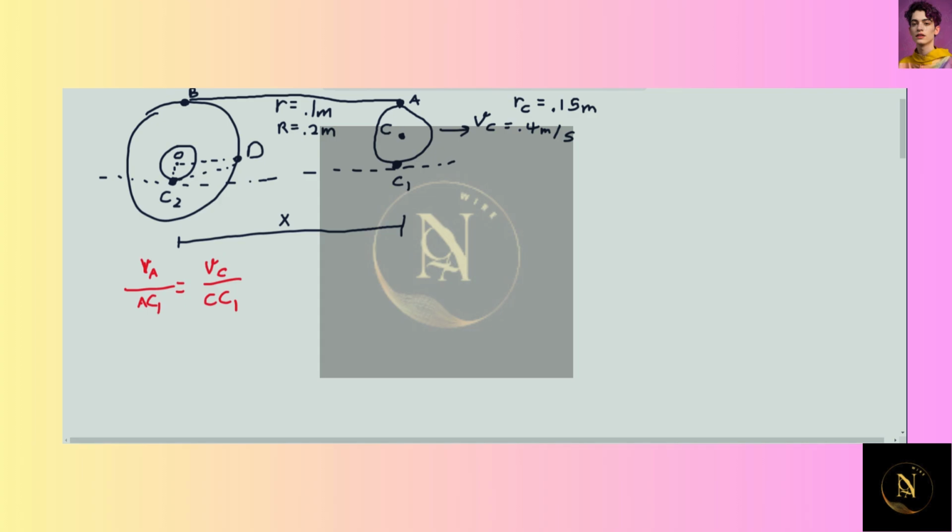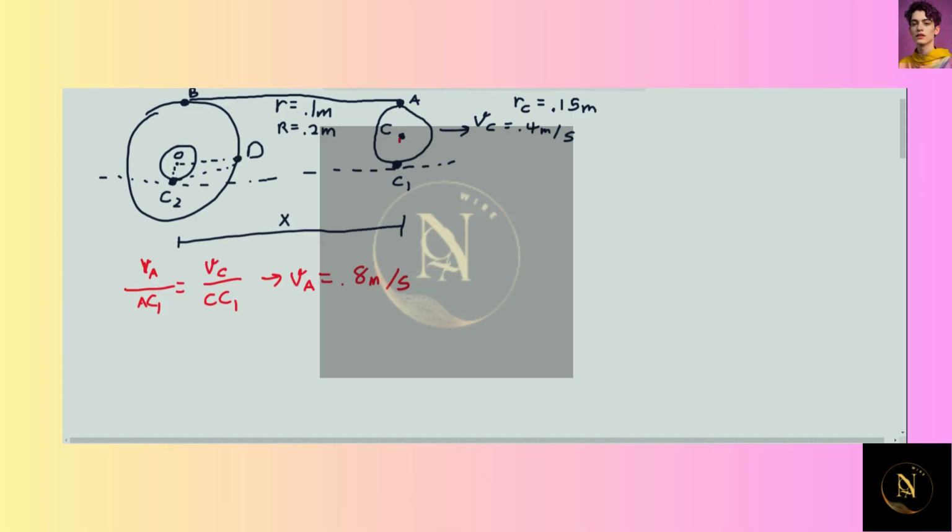Since AC1 is twice the length of CC1, that implies then that the velocity of A is twice the velocity of C, or just 0.8 meters per second, which you can just get from the algebra right here.